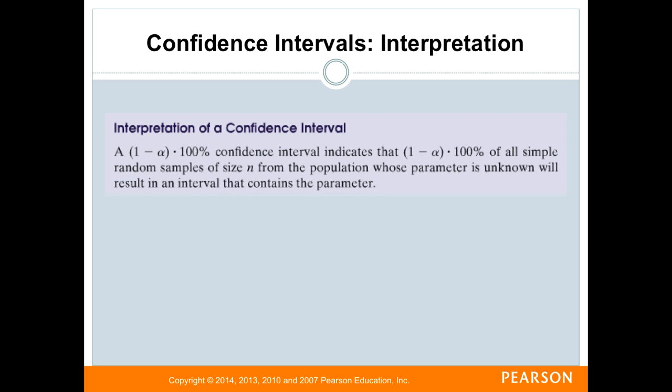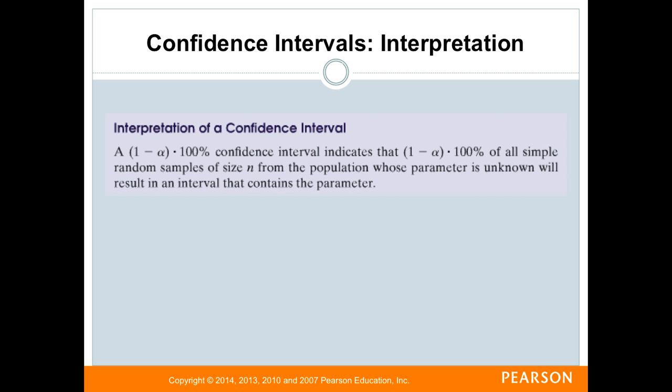Now, in order to interpret a confidence interval, we have a standard way of writing these. A blank percent confidence interval, so if you're doing a 90%, you would put the number 90 here, indicates that 90% of all simple random samples of size n from the population whose parameter is unknown will result in an interval that contains the parameter.